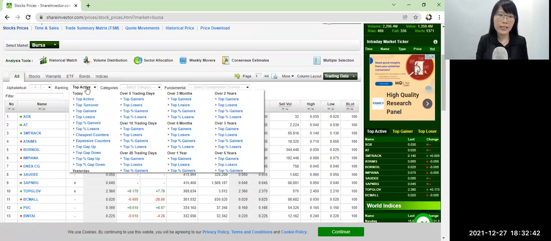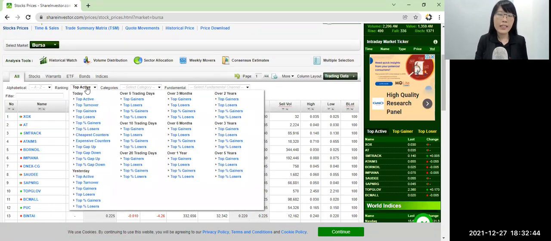Based on this, you can find the top active counter, or you can change to become top gainers, okay? Top turnover, top loser, top gap up, top gap down, and so on. So for top active and top loser for yesterday, you also can choose it over the 5 trading days, over the 10 trading days, and so on, okay?